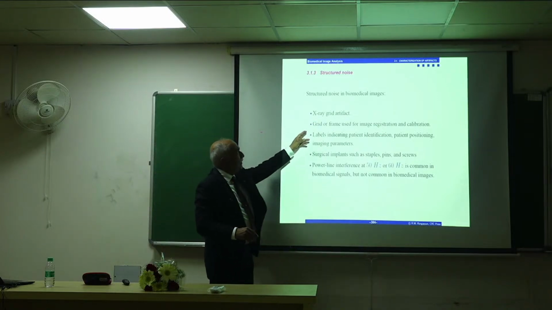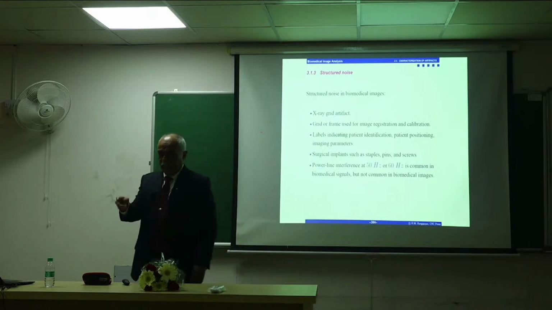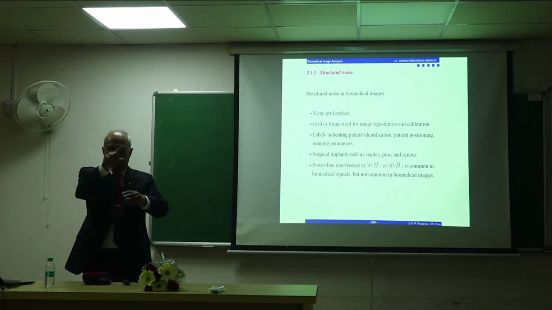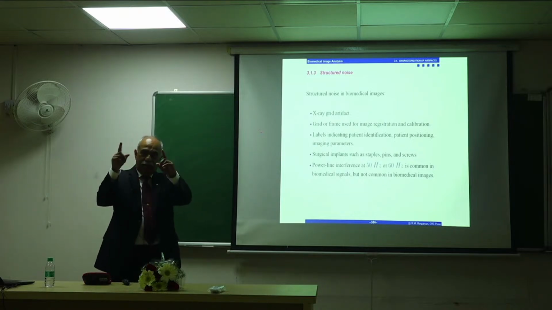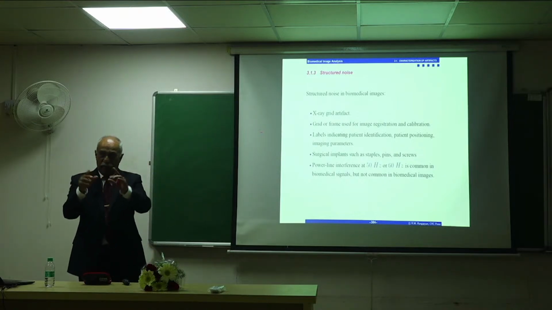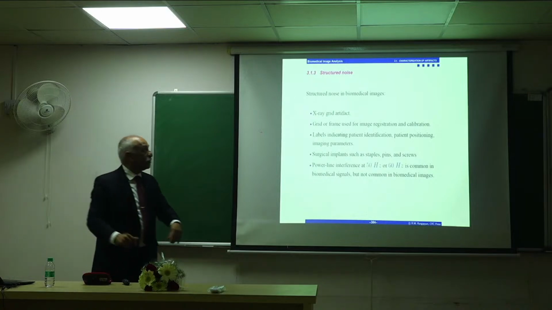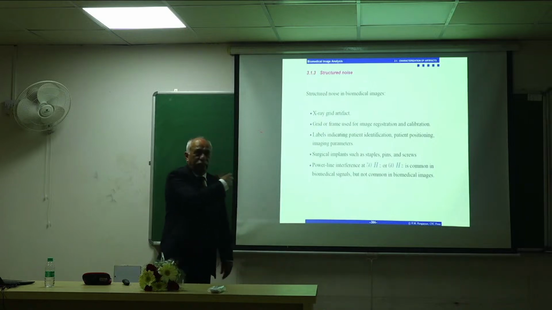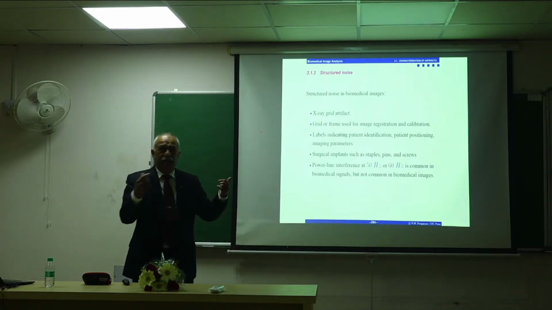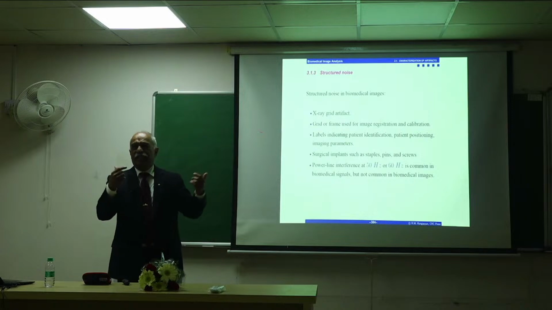You may use other grids and frames for image registration. I want to take your picture and then register it with some coordinates, or have a relative coordinate system within the image with reference to my markers. There are labels indicating patient position, left, right, and so on, such as the craniocaudal view in mammogram, CC, MLO, left, right.